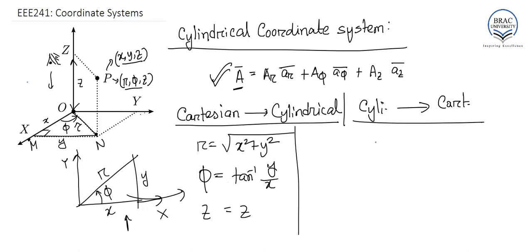So we can write x as r cos phi, and y as r sine phi, and z will always be z. So these are the conversion rules.